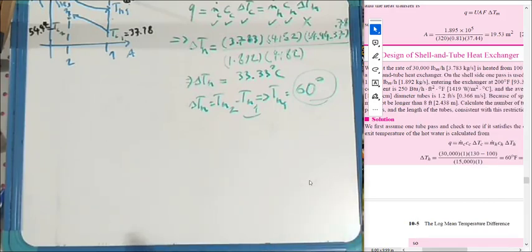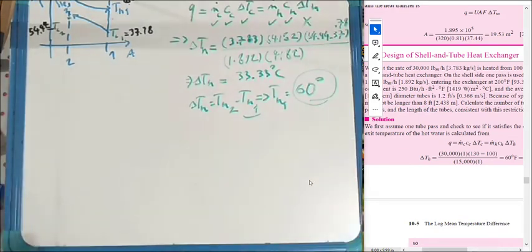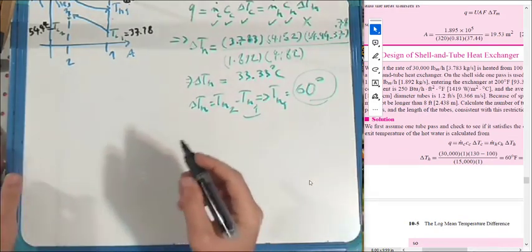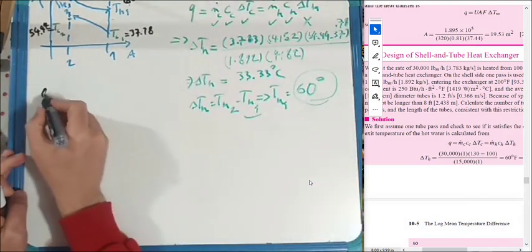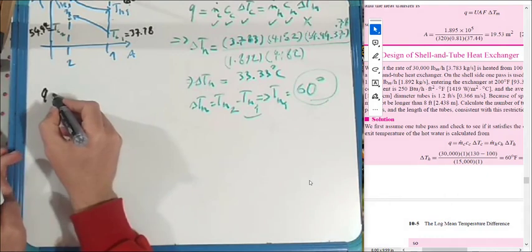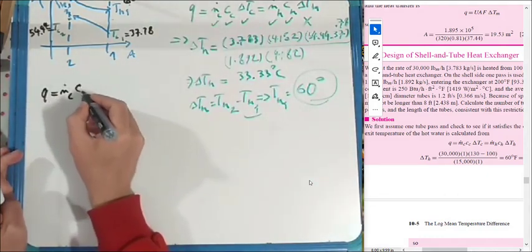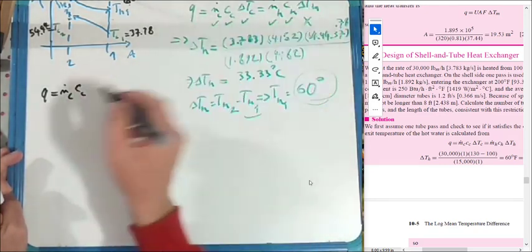Okay, let me continue. Now we can calculate Q from the formula m dot C C delta TC, one of them, this one or this one.